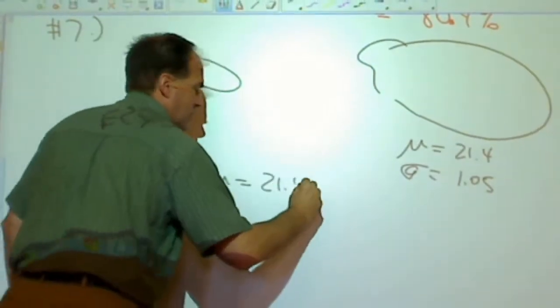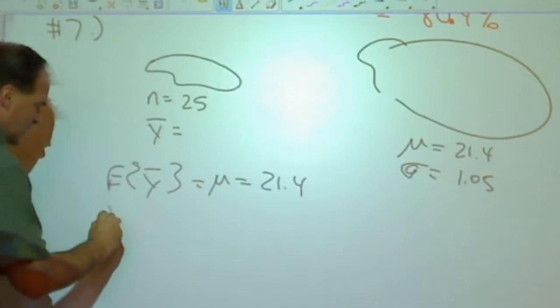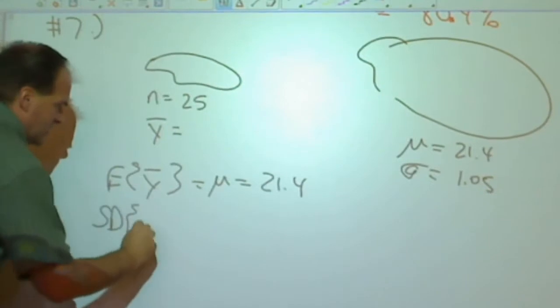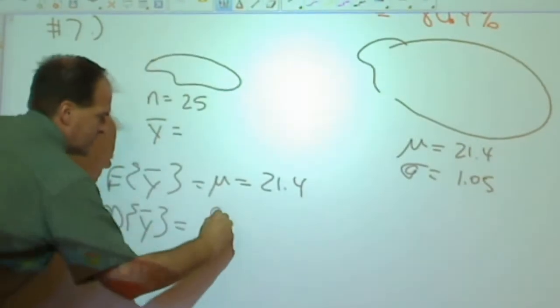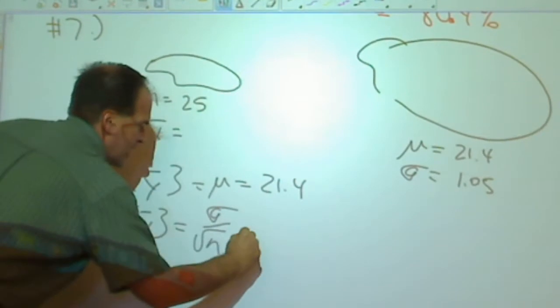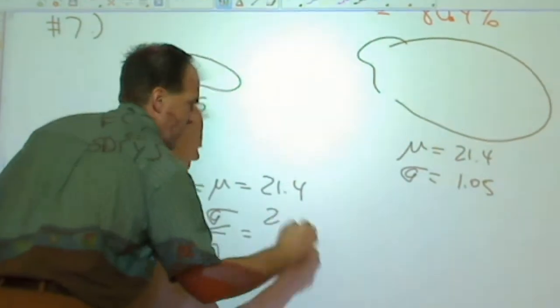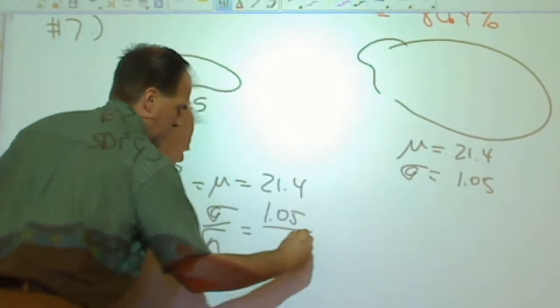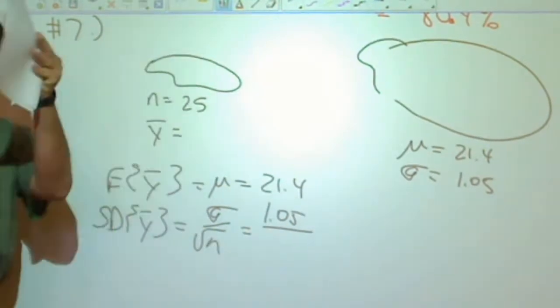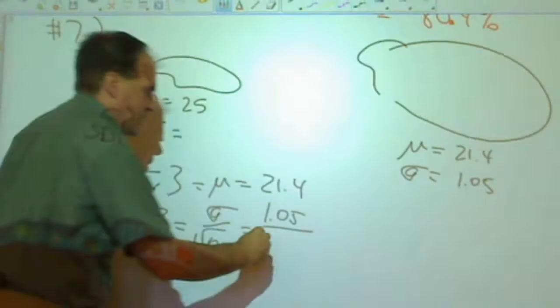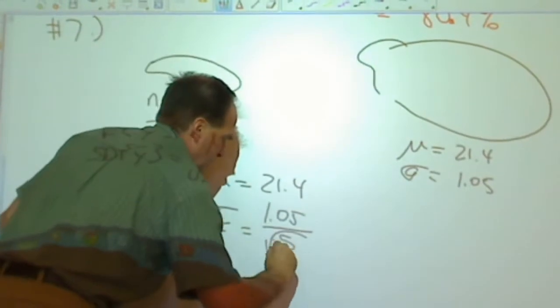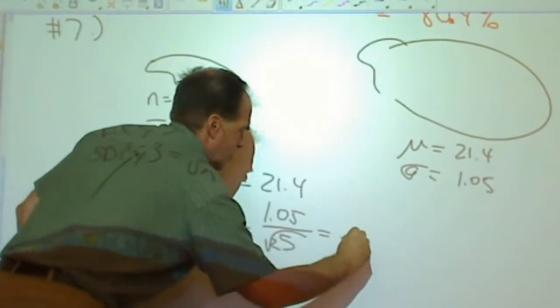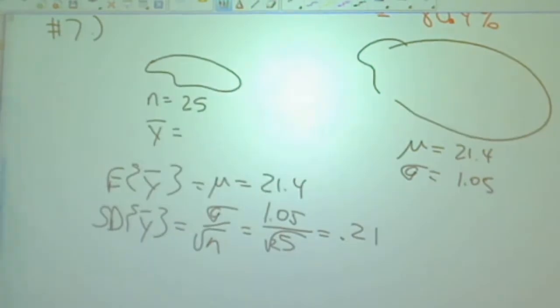That's good. This is the standard deviation changes. It's sigma over square root of n. So the 1.05, but then we're shrinking it in by square root of 25 or 5. So 0.21 is my standard deviation.